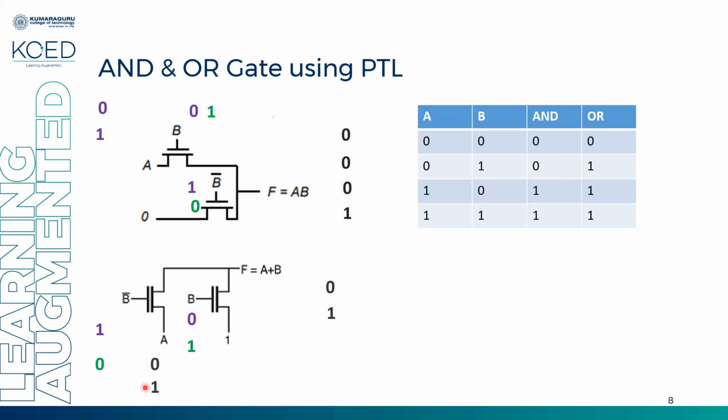Now next, A is 1, B is 0. B is 0 means B bar is 1. So this transistor will turn on, and the 1 will pass across this to F. I obtain a 1 again. Now next, 1 1 value. My A is 1 and consider B as 1. So this B transistor will turn on, and again here I have a 1.